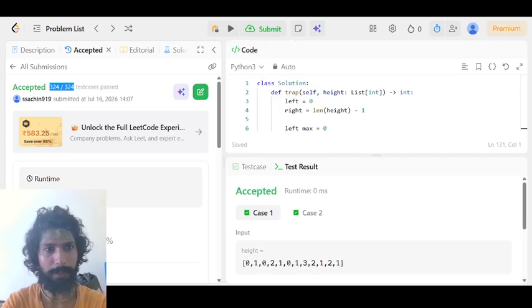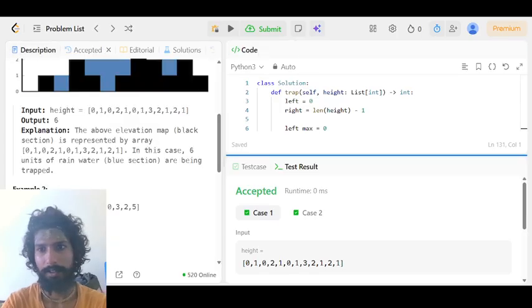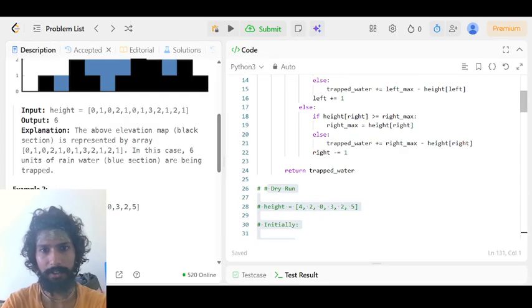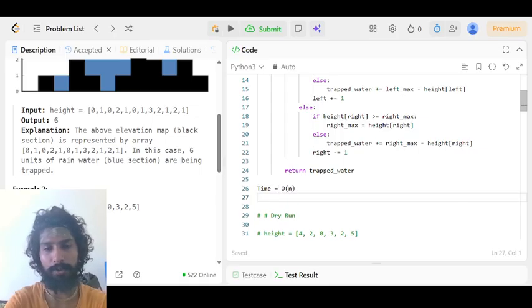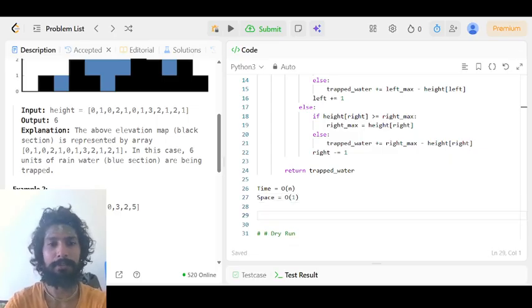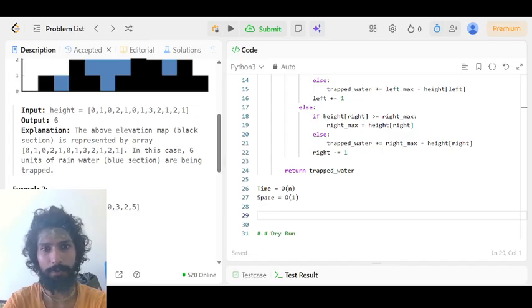Okay, so all the test cases pass. Finally, let us discuss the time complexity. Time complexity is obviously O(n) because we are scanning the array only once, and the space is constant, that is O(1), because we are not maintaining any extra array. We only store a few variables.